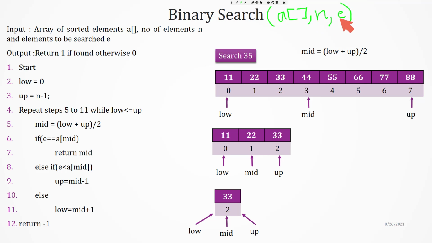The important thing is, before applying binary search, we have to sort this array A. So the inputs are the array of sorted elements A, the number of elements N, and the element to be searched E.